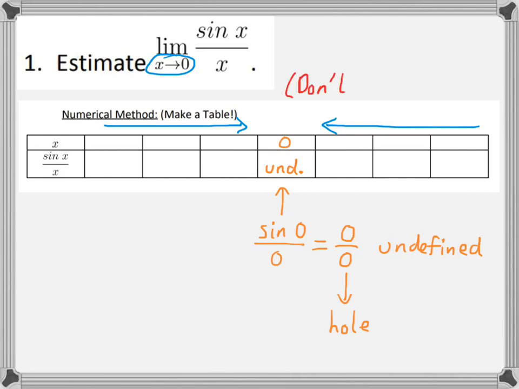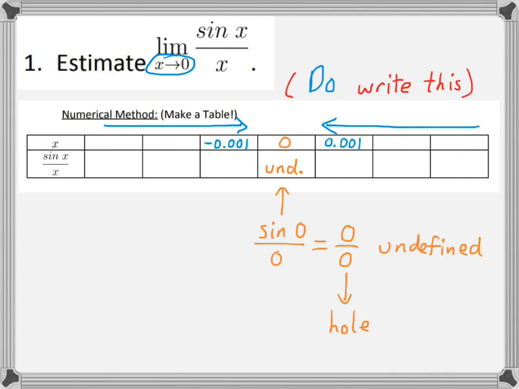Now, what I'm about to write, don't write this. What people tend to want to do is they just want to fill it in like this: 1, 2, 3 on each side. But are those numbers getting really, really, really close to 0? Not really. So instead, write this.